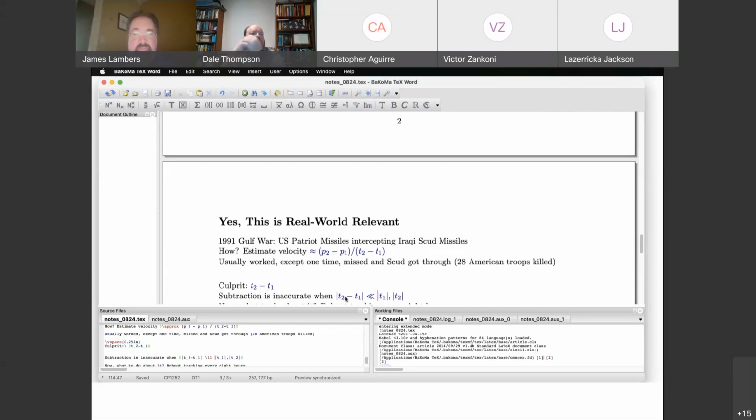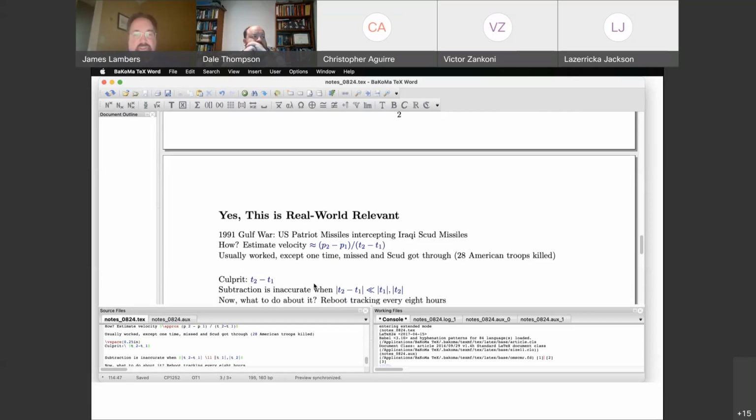But when you're subtracting two relatively large numbers that are close to one another, then you could actually get a result that is terribly inaccurate. And this situation is called catastrophic cancellation. And in this case, it was sadly, literally catastrophic.